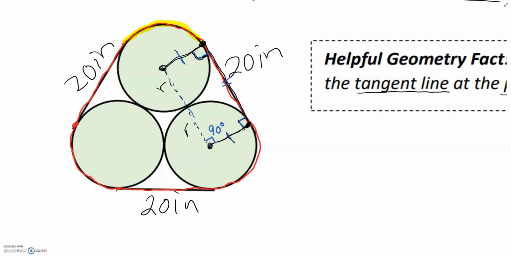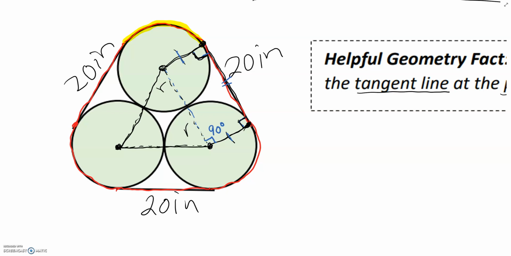Okay, now I'm going to go ahead and add the center right here as well, and I'm going to go ahead and connect these centers of the circle. And you will see that that triangle in the middle is an equilateral triangle, because it has 3 equal sides.